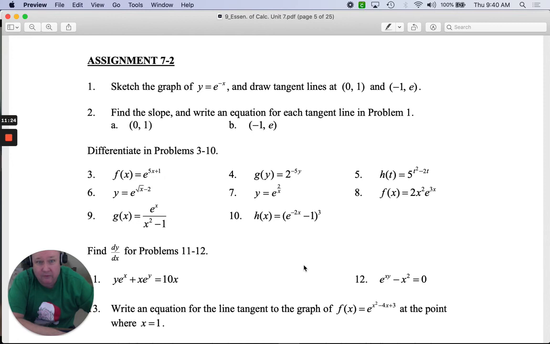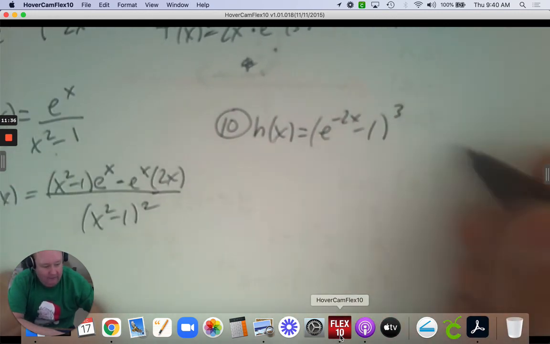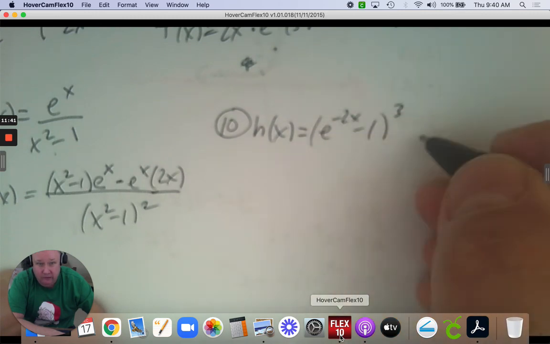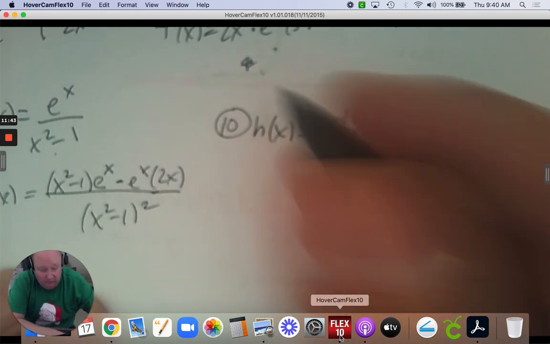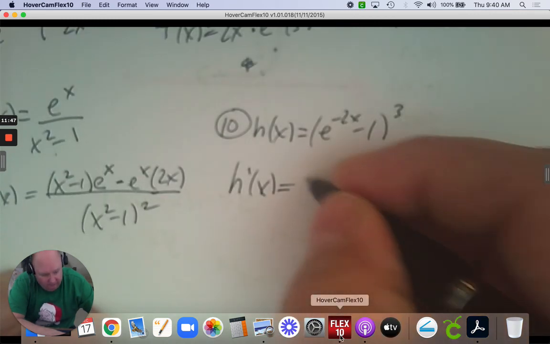Number 10. h of x equals e to the negative 2x, subtract 1 cubed. Let's look at this, and then take the derivative of this. This is the power rule with a chain on it, and there's actually 2 chains. So let's just follow it carefully. 3 times the 1 in front is 3.